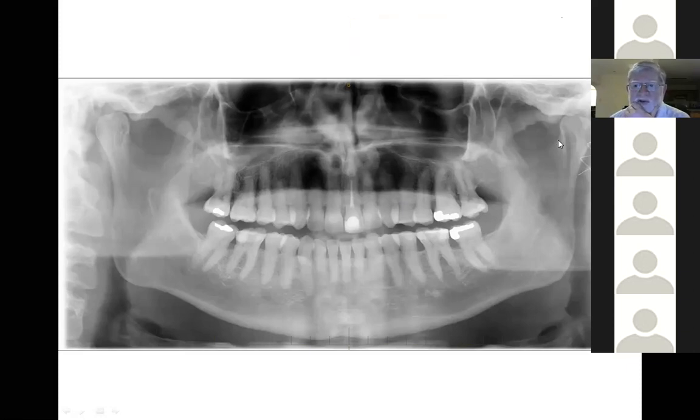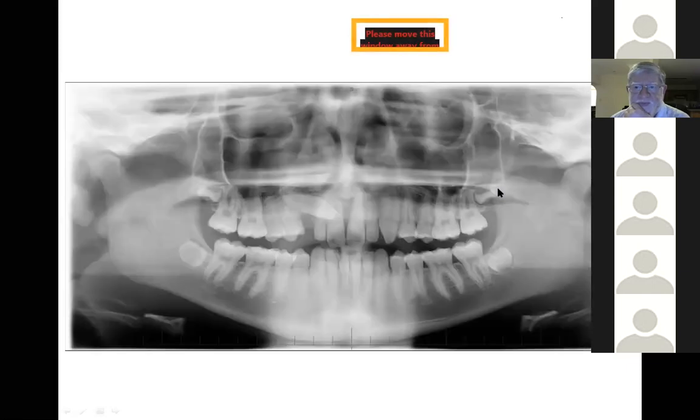A carotid stent, well done, yeah, and there we are. Across there. Why is that tooth looking so odd? Okay, very good.